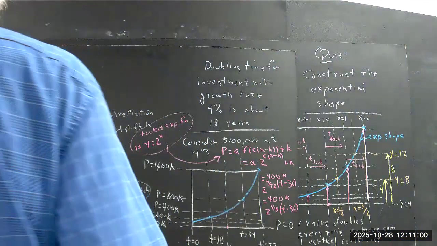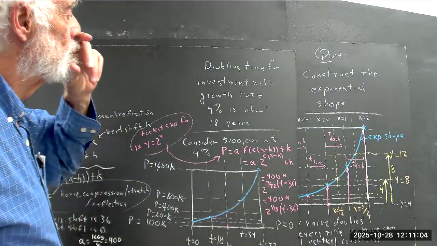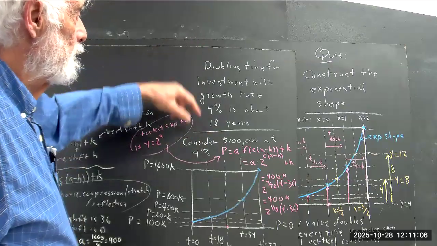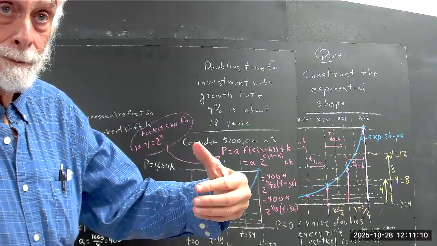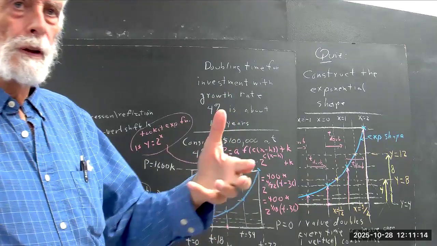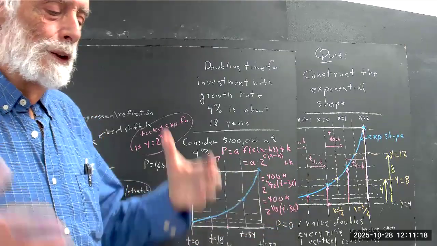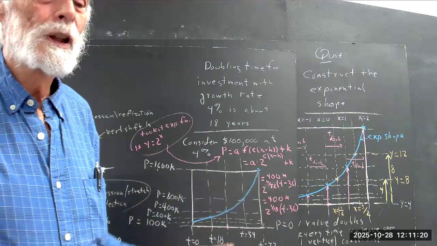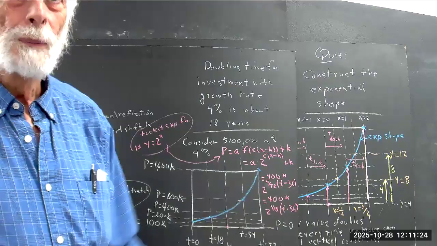The point here then is that given any phenomenon that has a constant doubling time, another example might be the population of a herd of animals. You're starting a herd with a couple dozen animals, and you got 15 square miles of pasture.